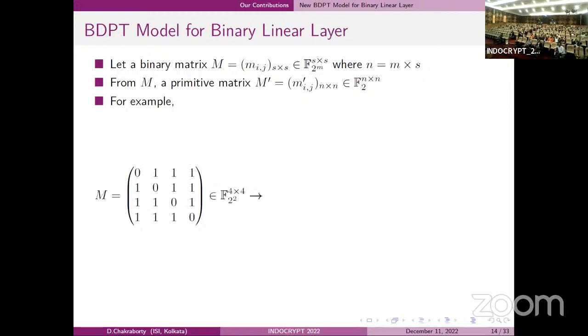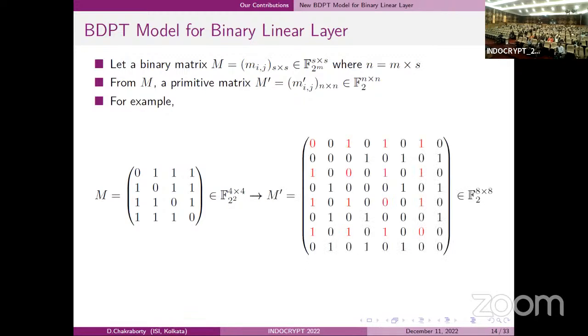For example, suppose I take a small matrix M, with a structure similar to the Mantis mixed column operation. Here 0 and 1 belong to F2 squared, and from this we can construct the primitive matrix of this form, where every 0 or 1 belongs to F2.